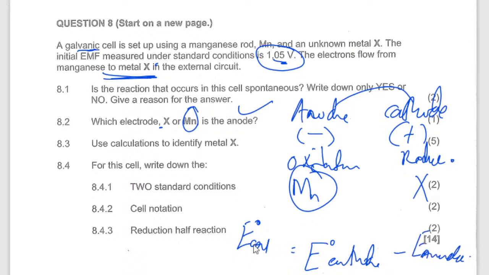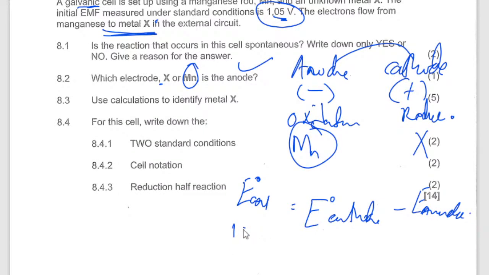So E cell, we know that it's 1.05. Now the cathode, we don't know it, so you just put X, and then minus the anode, which is manganese.